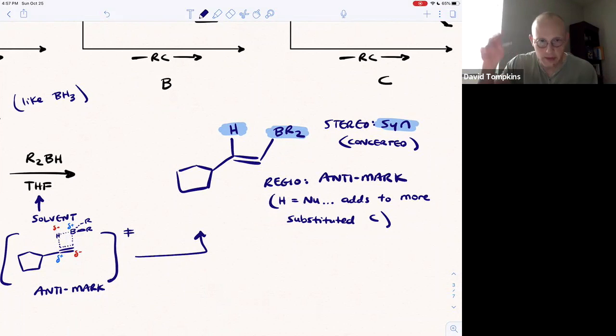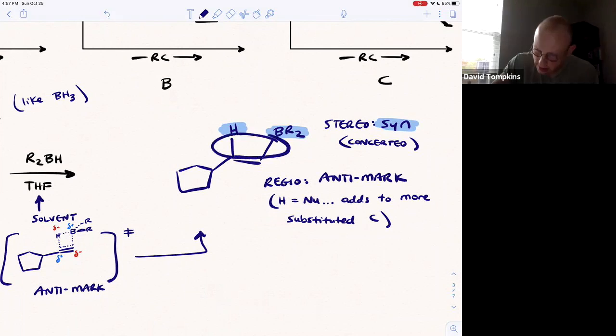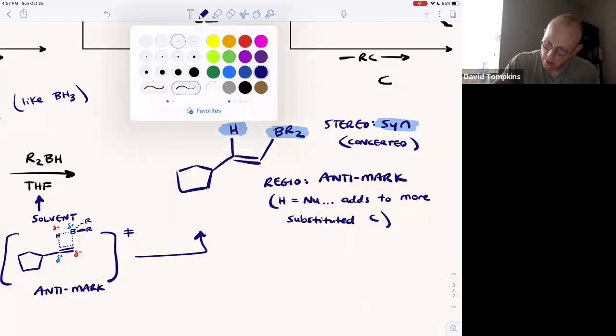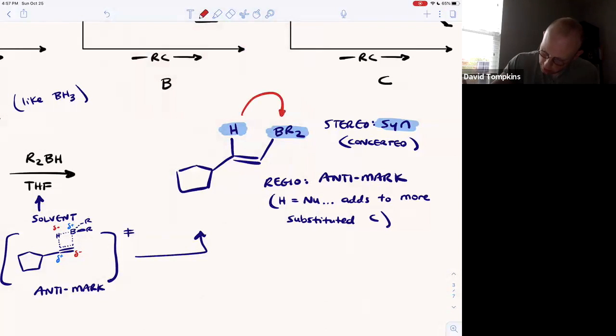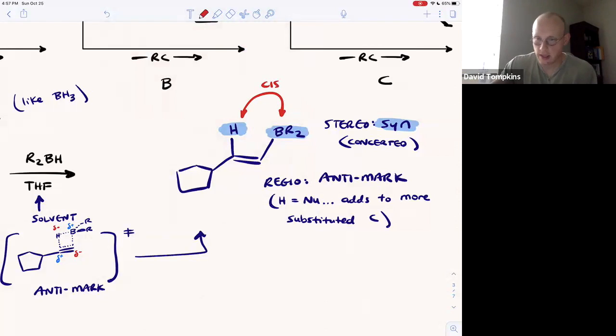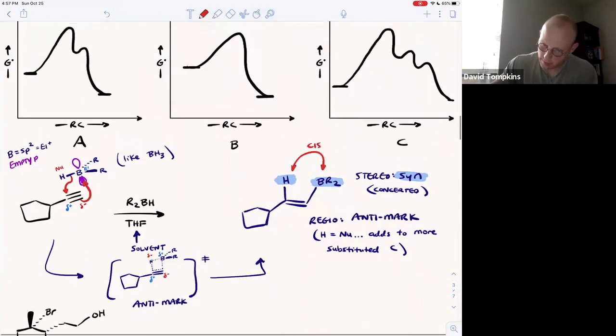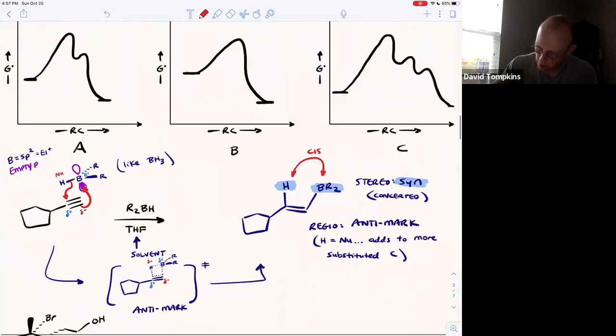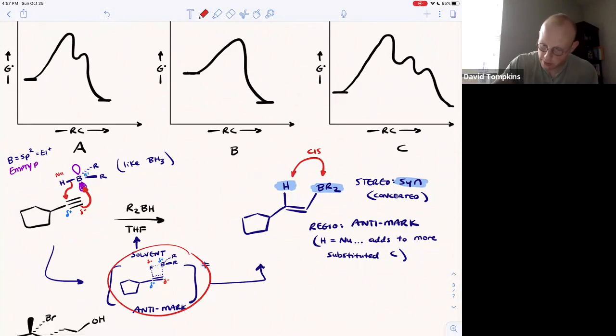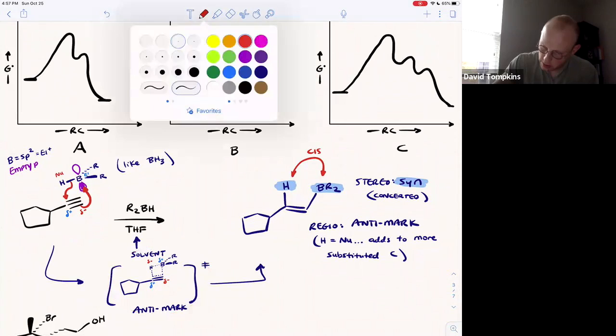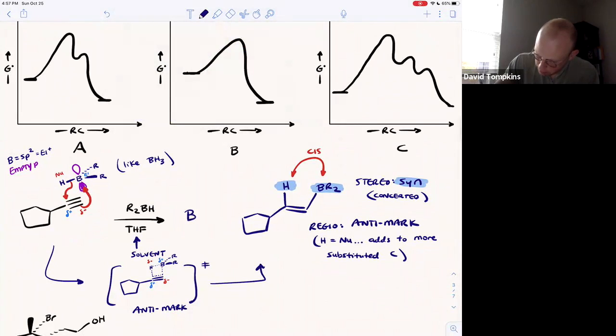So since they add at the same instant, they have to add cis to one another, or on the same face of the alkyne. So you get that syn addition product. So it's a single concerted reaction with a single transition state and no intermediates. So this is reaction coordinate diagram B above.